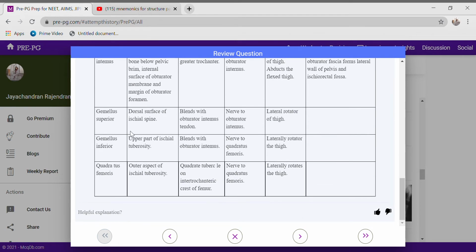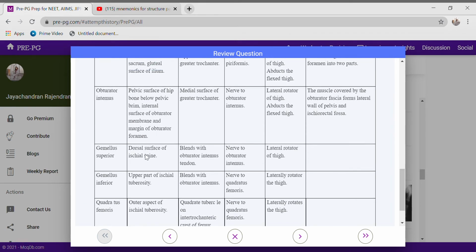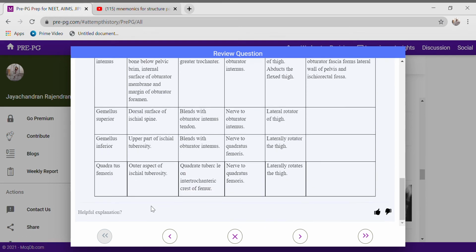Gemellus superior is from the dorsal surface of the ischial spine. In the ischial spine you have the superior gemellus, whereas in the ischial tuberosity there is the inferior gemellus. The outer aspect of the ischial tuberosity is quadratus femoris. Superior is in the ischial spine, then you get the ischial tuberosity.